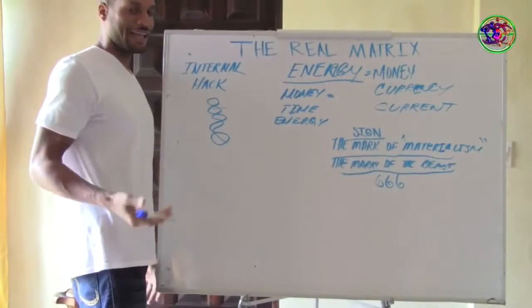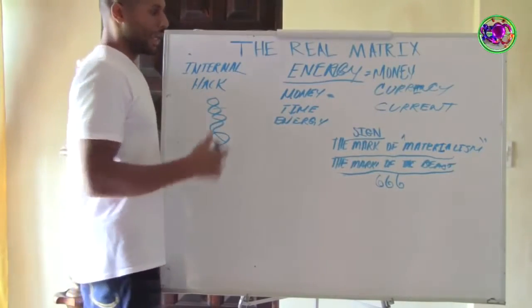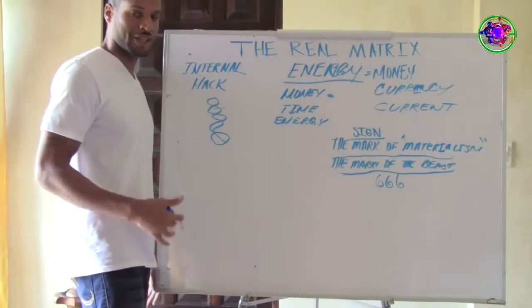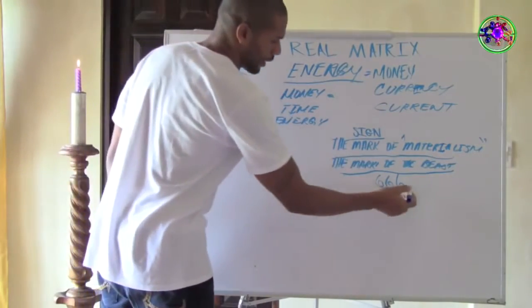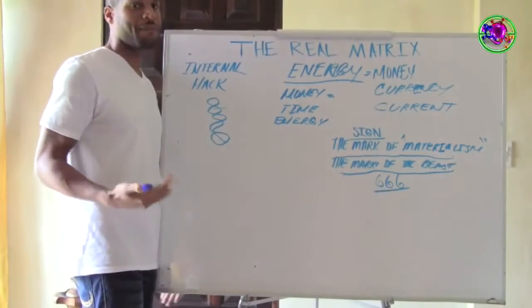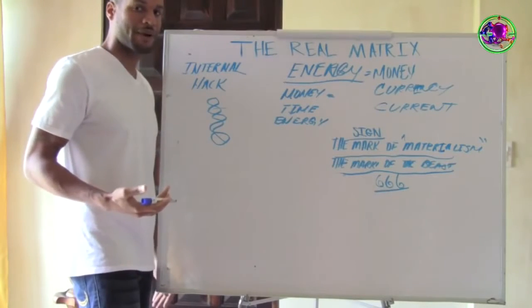So the ultimate sign of materialism on this dimension is money. And because of the way money is constructed as a talisman with sigils and things of that nature, it just so happens that, especially within American currency, the 666 can be found within the currency itself from a symbolic standpoint.